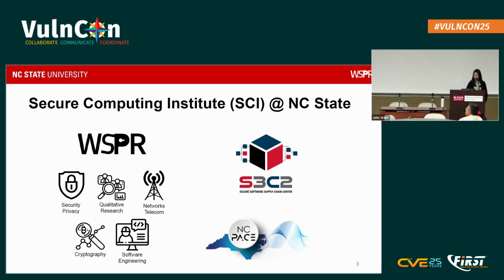So we have a secure software supply chain center effort across multiple universities where we try to improve the security posture across the entire supply chain. Our lab also does various outreach programs like cybersecurity camps for students or industry conferences like NC PACE, which will actually be happening right here in the same conference center next week.